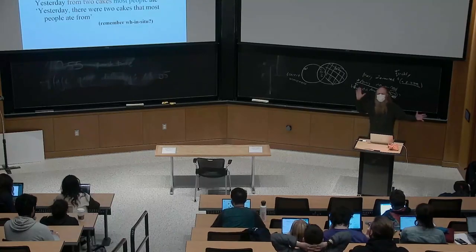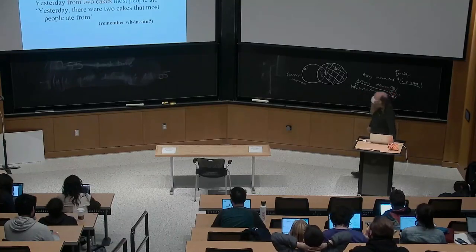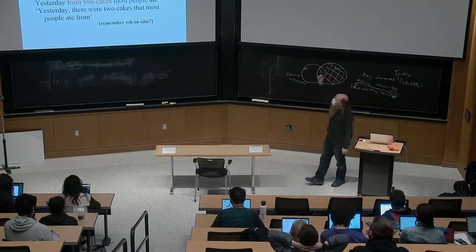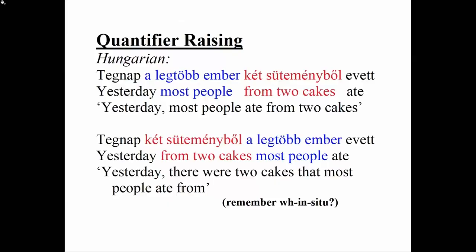And that's very freeing. The first sentence only has one meaning, and the second sentence also has only one meaning. So you can take these expressions, most people and 2 cakes, and put them in either order. And depending on what order you're in, you only get one reading.